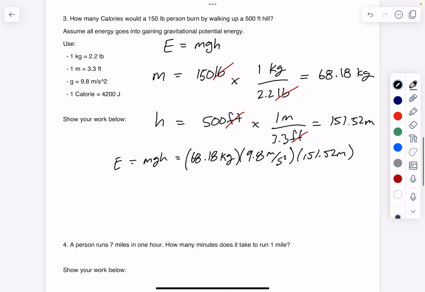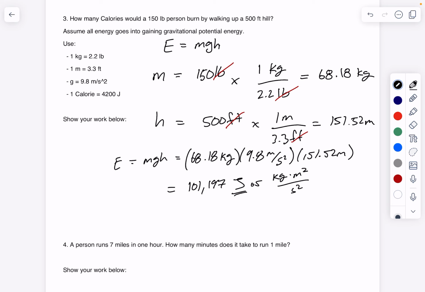And so this will come out to 101,197, and this is actually joules, but that would be kilogram meters squared per second squared, but that's technically joules.